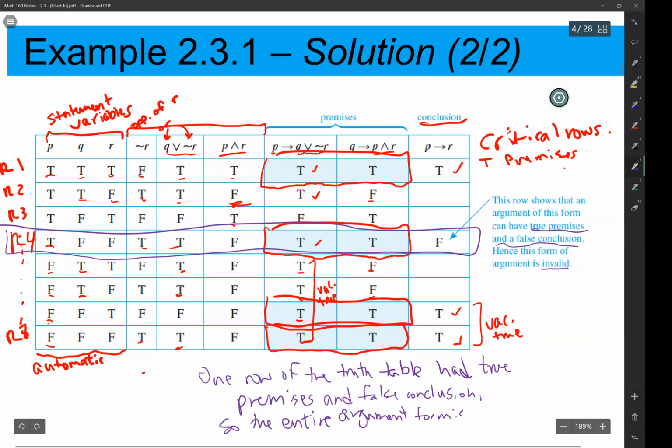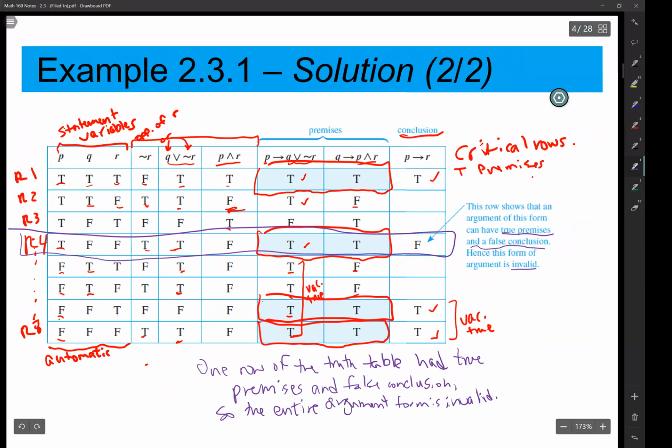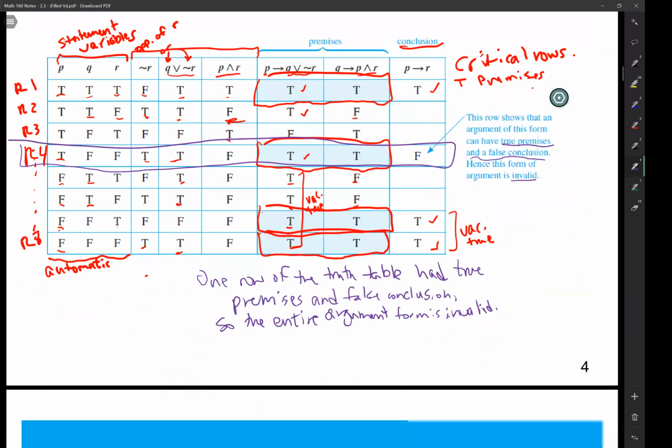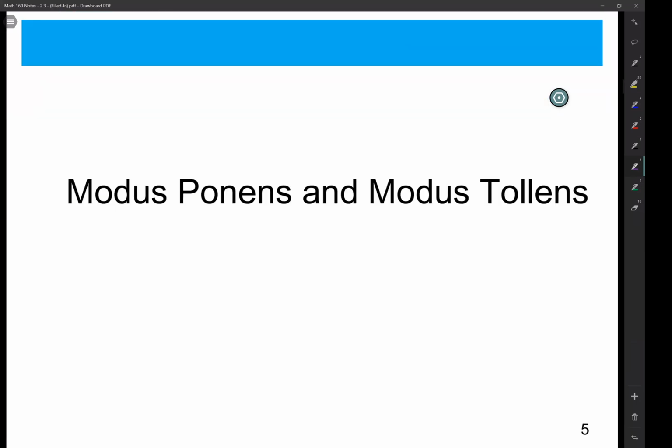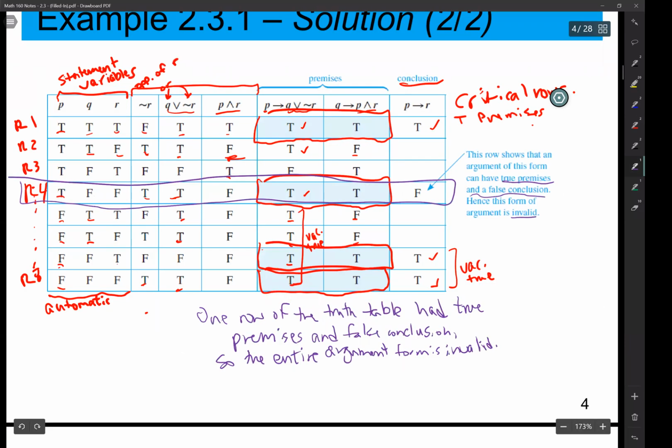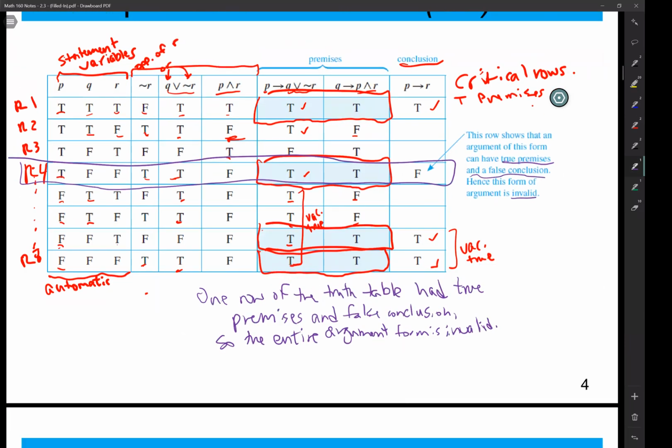Pretty harsh, right? The argument form has to be valid. To be valid, it has to be true on every critical row. It can't have true premises leading to a false conclusion. Okay, so I'll let you go back and take a look at that and try it on your own. I do recommend trying it on your own, where you remove all this right side stuff, just start with the automatics and make sure you can fill it out.